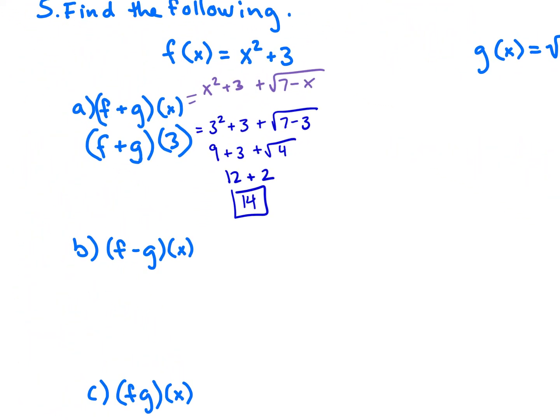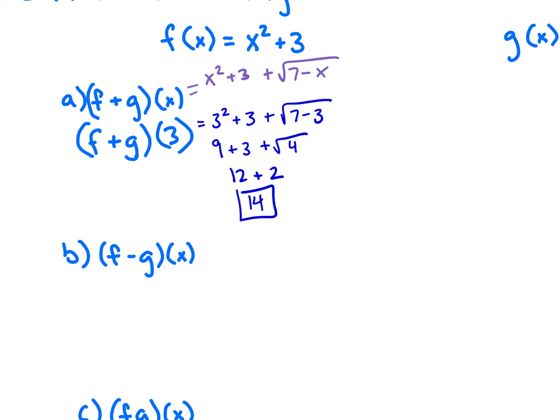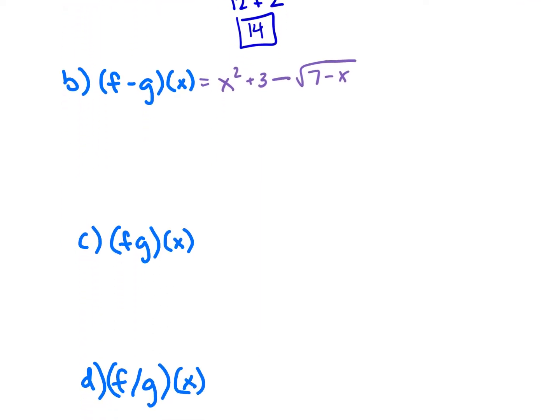Next, we want to subtract them. So I have f of x, which is x squared plus 3, and minus g of x, which is the square root of 7 minus x. And we just leave it like that. Can't simplify here. So that's all. For c, we are multiplying.